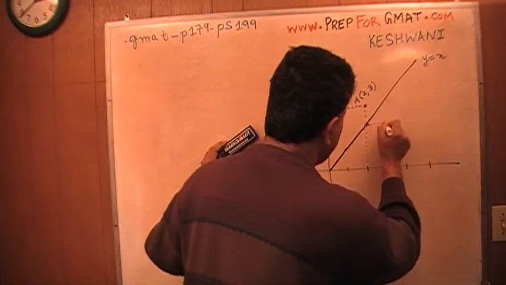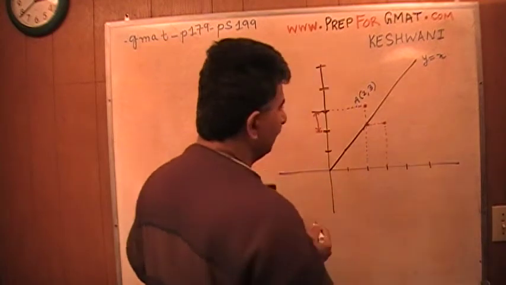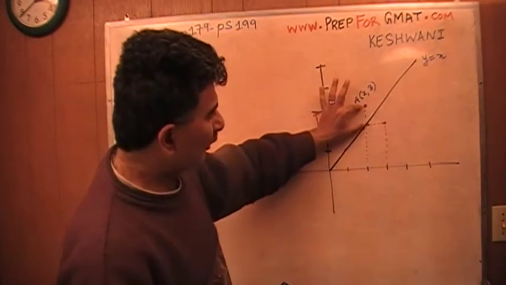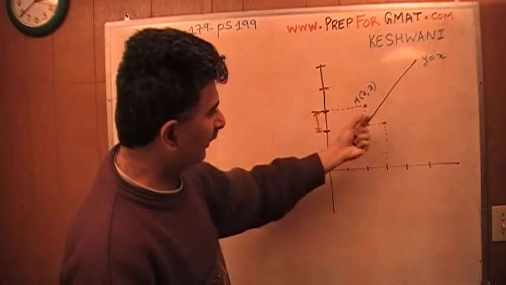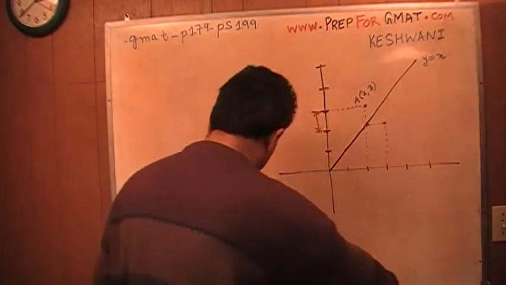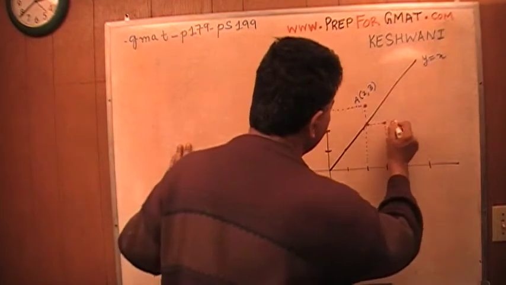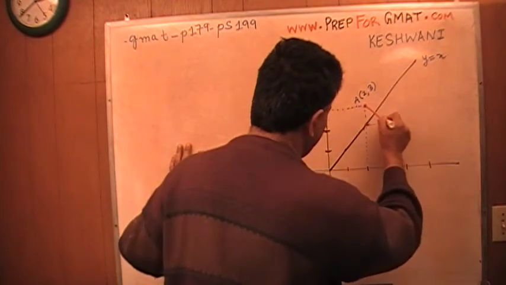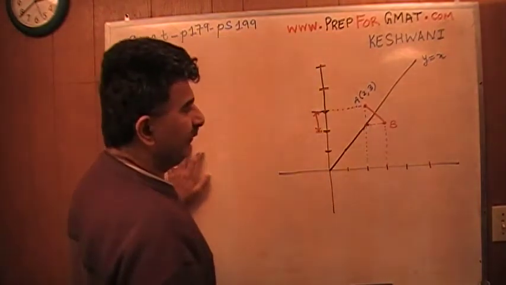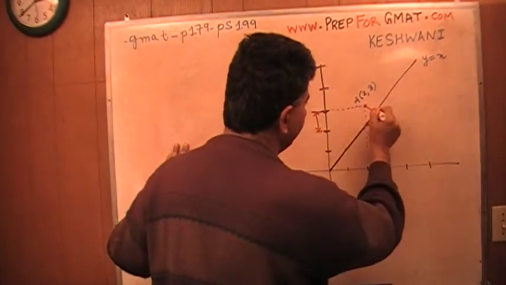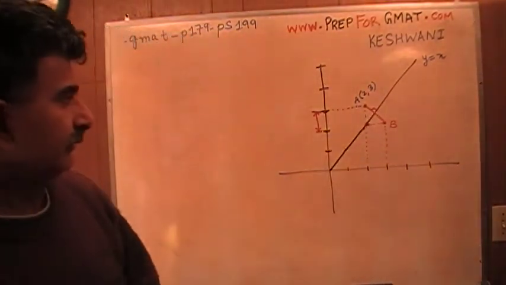Because the y distance is 1 unit, the x distance has to be 1 unit. This is B, and now if I join AB, there you go. AB is cut in half at 90 degrees.